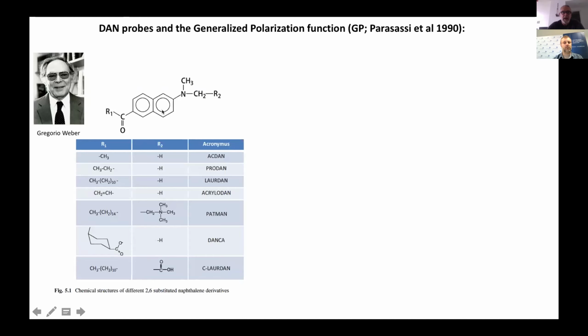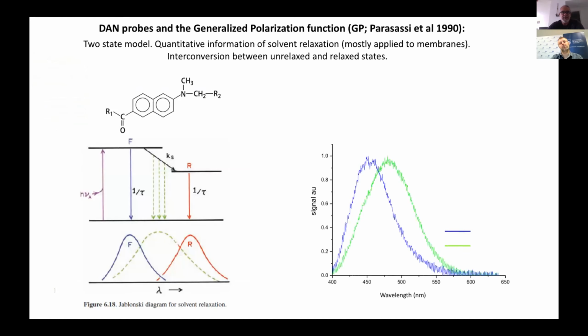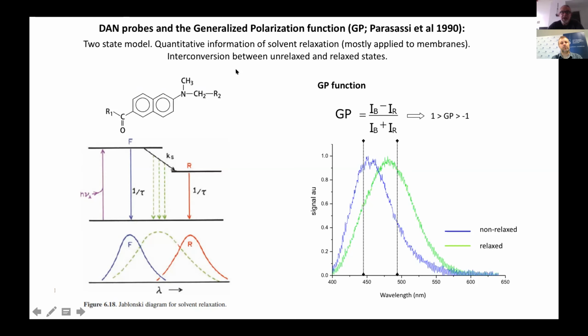Basically, they use a solvent relaxation model, which is a two-state model and gives quantitative information about the solvent relaxation process in membranes, particularly with Laurdan. This defines the generalized polarization function, which gives information about the interconversion between relaxed and unrelaxed states.